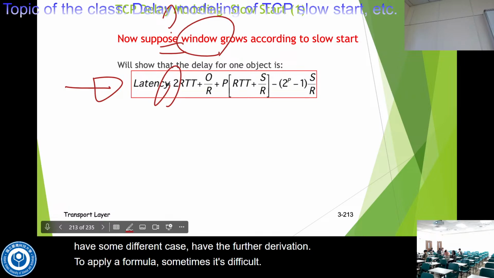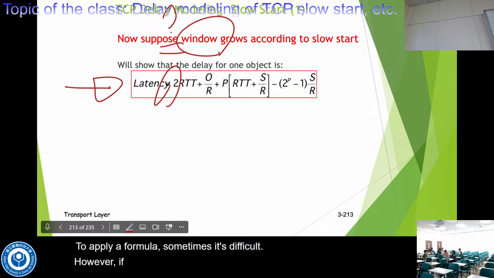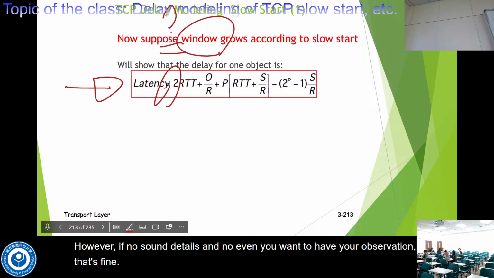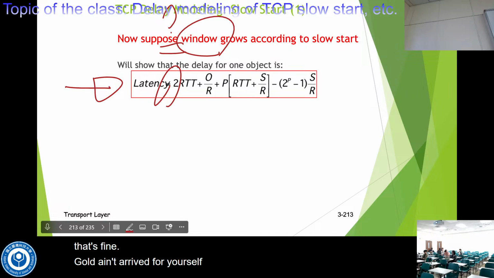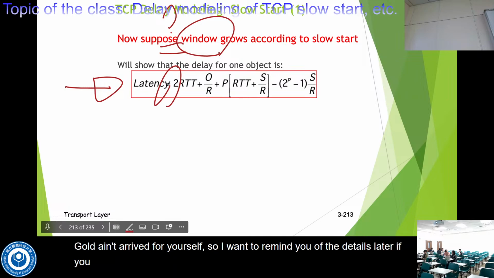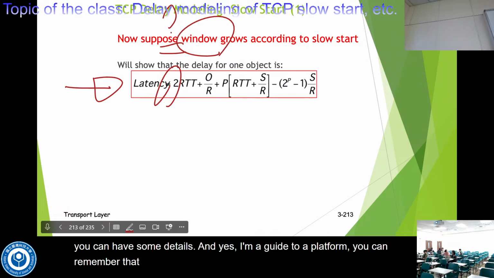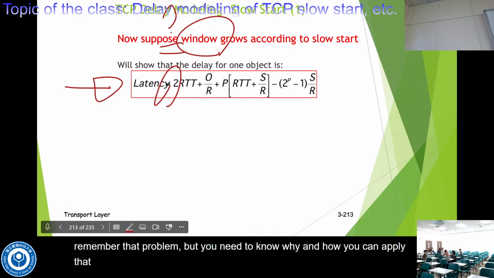However, if you know the details and want to do your own derivation, that's fine. Go and derive it for yourself. I want to remind you of the details later. You can remember the formula, but you need to know why and how you can apply it. So with either approach, if you know the details, that's fine.